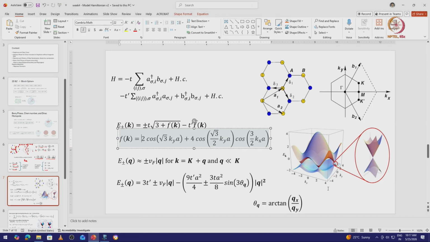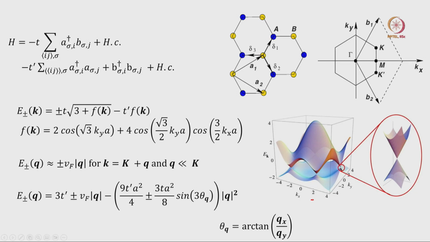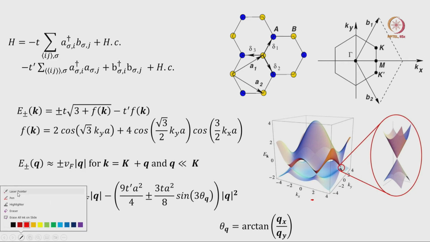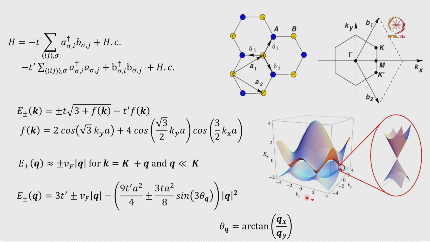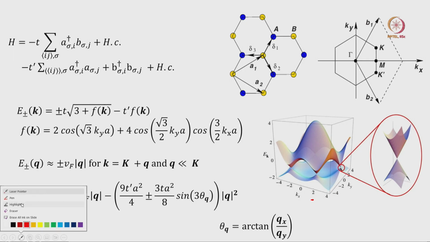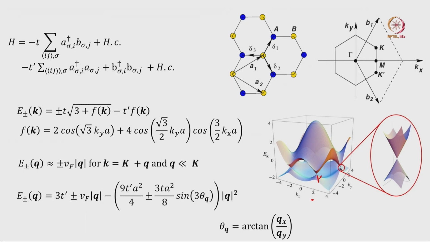This is how, if you plot it in the kx ky plane, you do see that there is a full dispersion all over, and except at k and k prime point, you do have a linear dispersion all over with a uniform velocity along kx and ky.